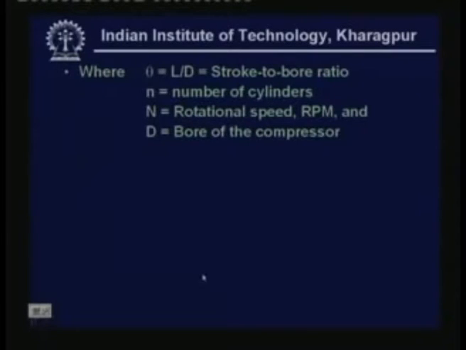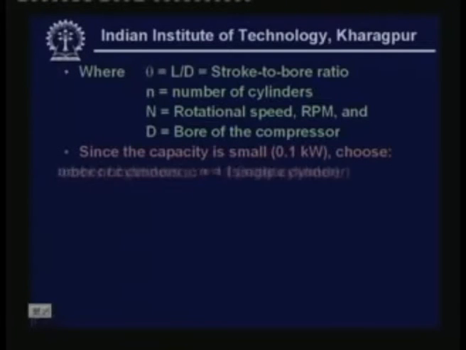So as I have already explained, in the above formula, theta is equal to L by D, that is stroke to bore ratio, and small n is the number of cylinders, capital N is the rotational speed, and D is the bore of the compressor. And out of these we have to fix theta and n. So how do we fix these things? First let us look at the number of cylinders. Since this is a small compressor, we can select small n as 1, that means we have a single cylinder compressor.